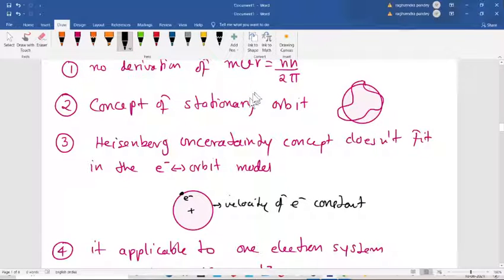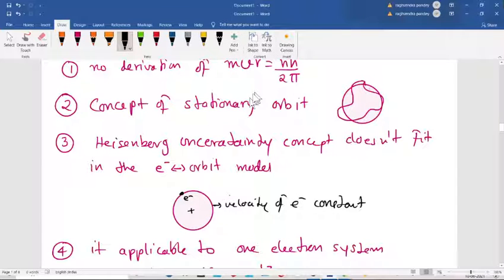Due to the theories of E equals mc squared and Faraday's theory, according to the Bohr model, it should collapse into the nucleus. If the electron is going around the nucleus, it should collapse into the nucleus because of emission of energy and all that.